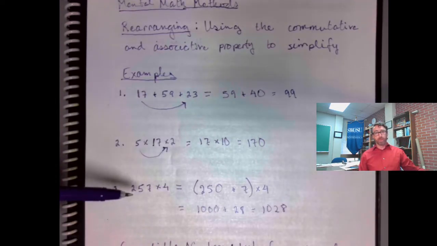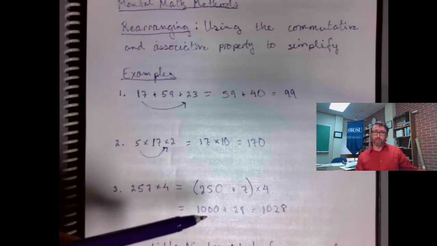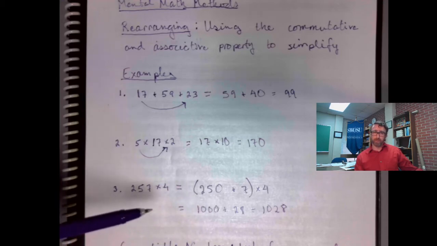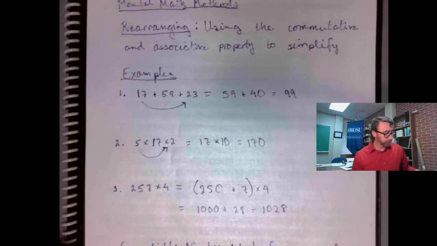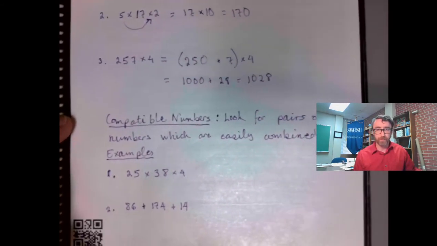I believe this is the first example I've shown in any of these videos of using the distributive property. We're going to see a couple more examples like that, but this strategy does build on this other strategy.